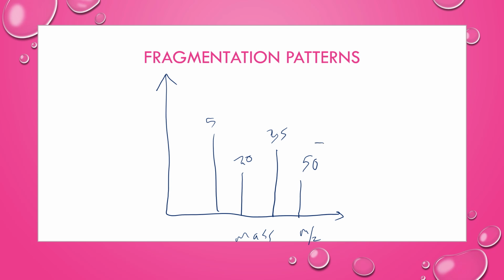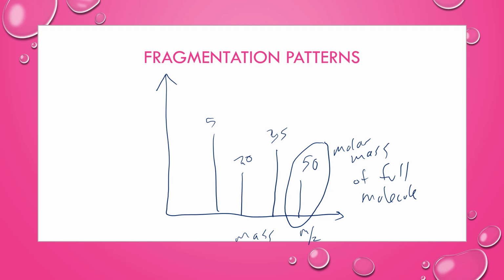Whatever the biggest one is, this is the molar mass of the full molecule. So effectively, for this one, it has only lost an electron. And electrons do not significantly impact the mass of the overall molecule. So whatever the largest fragment is equivalent to the molecular mass of the compound.